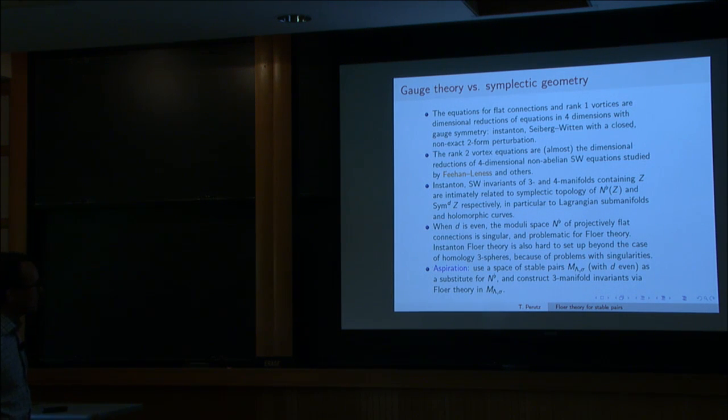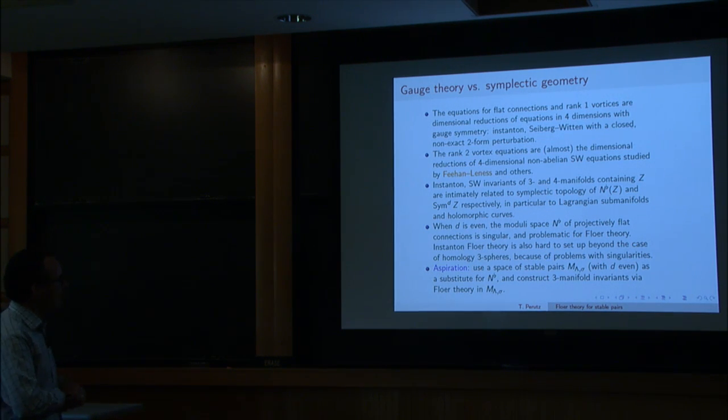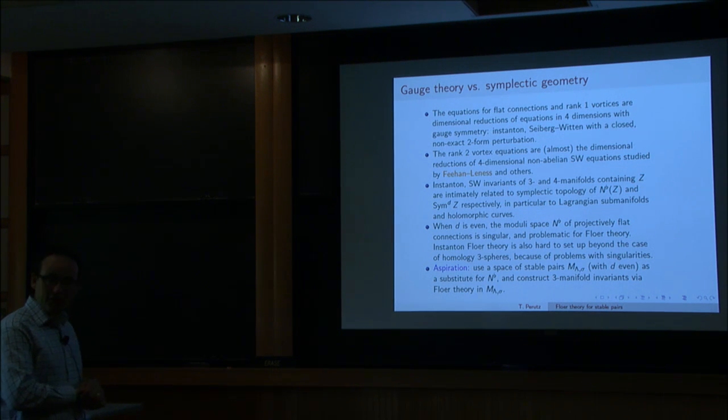So our aspiration is to use a certain space of stable pairs, M lambda sigma, for an even degree D as a substitute for this moduli space of projectively flat connections, and to construct 3-manifold invariants via Floer theory in such a space.